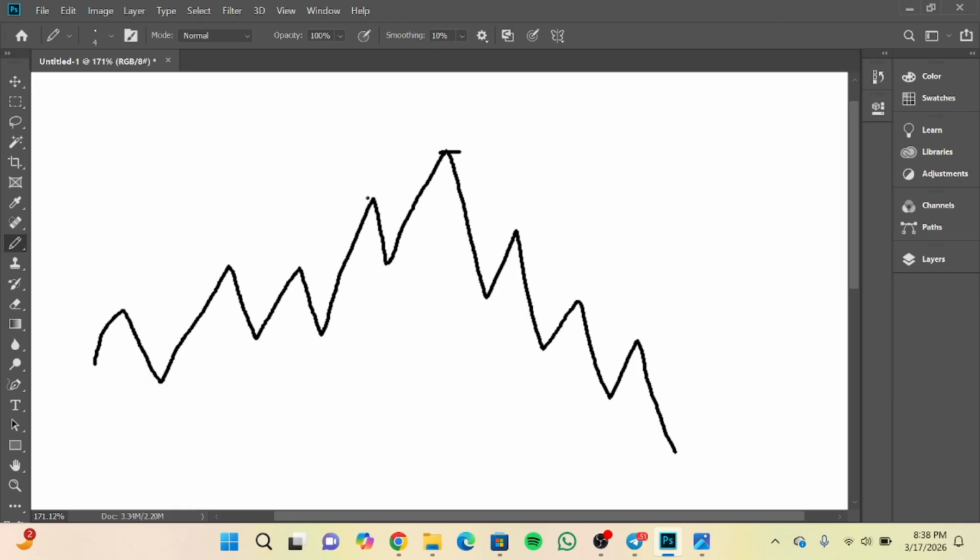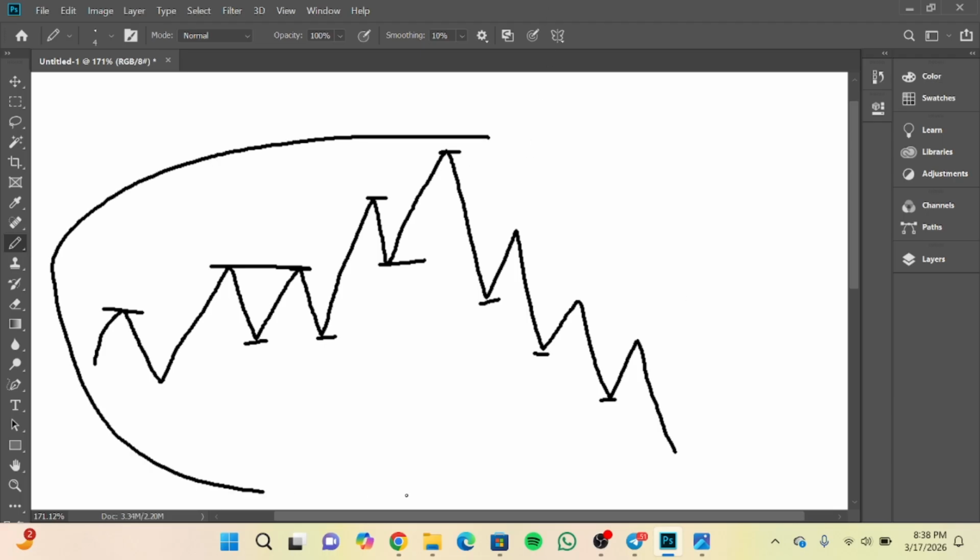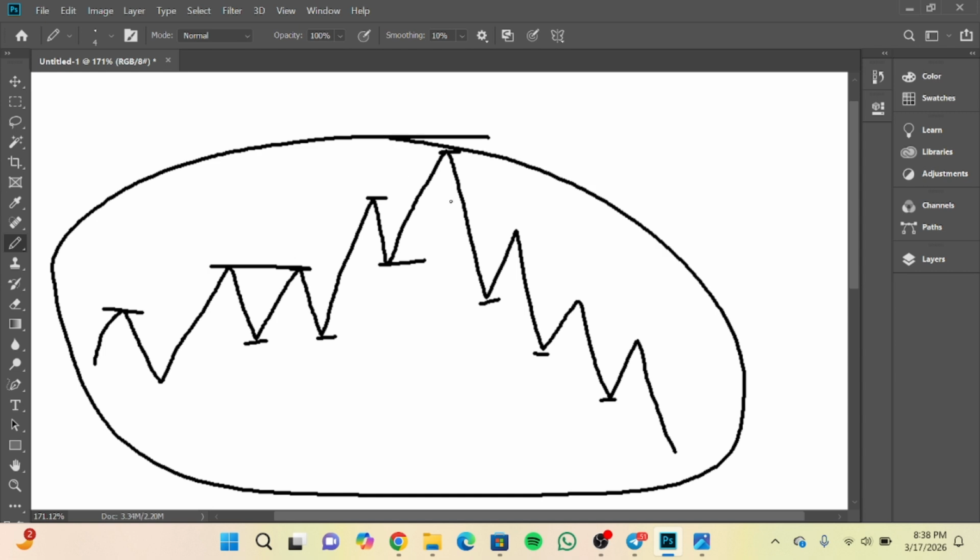These highs and these lows are what come together to form the market structure. So everything you see together like this is the structure of the market.